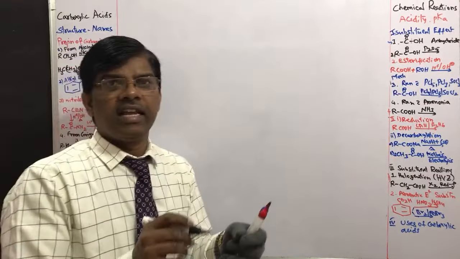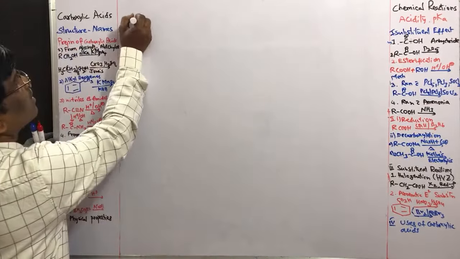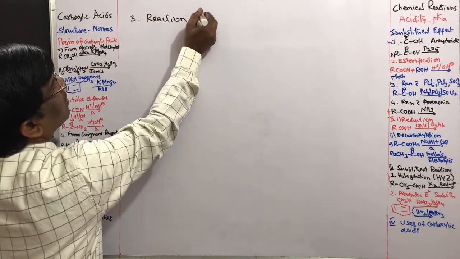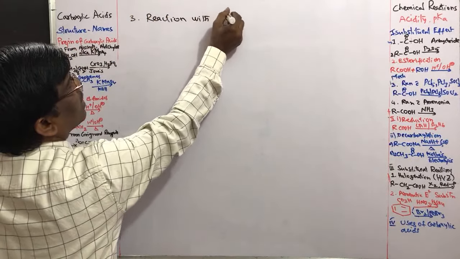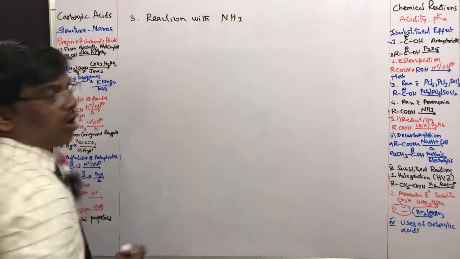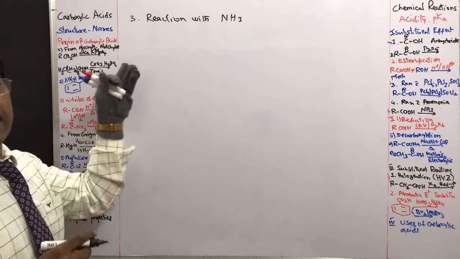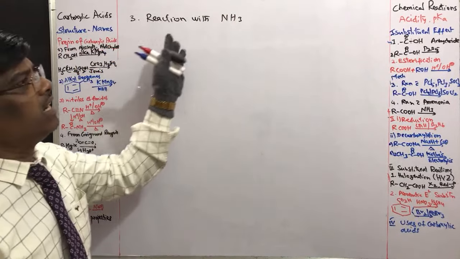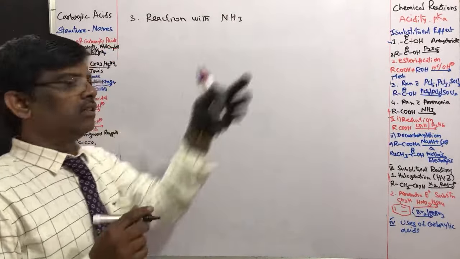Next, students, reaction with ammonia. Ammonia is a base and the carboxylic acid is an acid. What is going to form? It is going to form first a salt, then an amide.